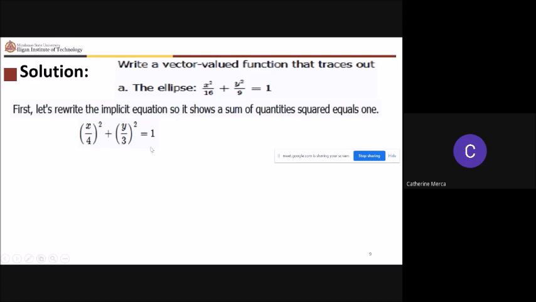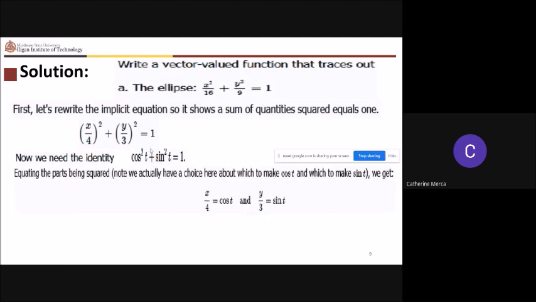So simply rewrite this implicit equation as a sum of quantities squared equals 1. Then we make use of the following identity. You are familiar with this from your trigonometry: cosine squared t plus sine squared t is equal to 1. This is discussed not only in trigonometry but also in calculus 1.